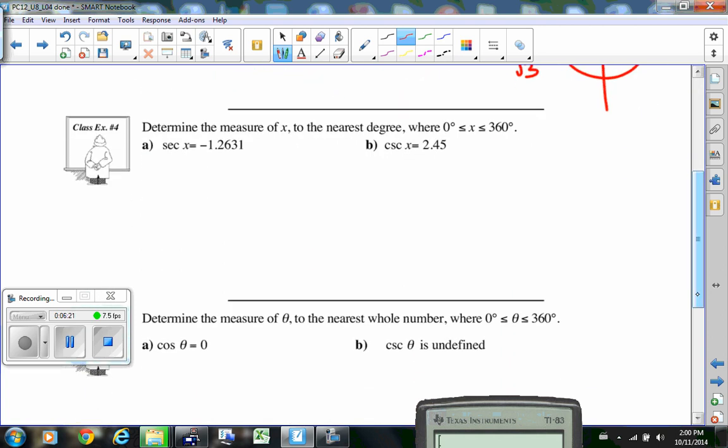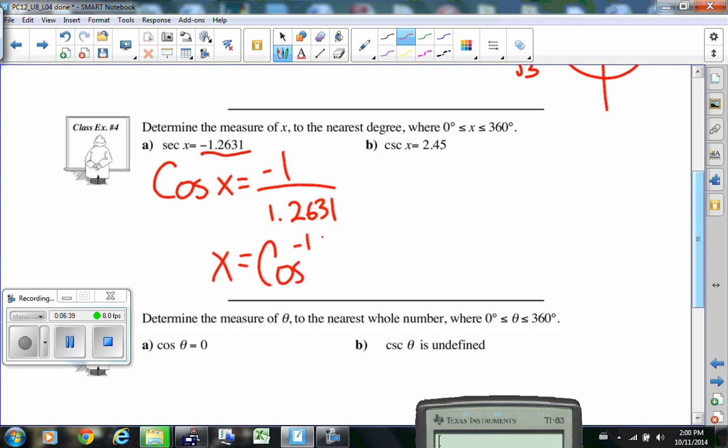Sometimes these will not be exact value numbers. This one here is not a nice value. So all I'm going to have to do is go, secant matches with cosine. And so x equals cos inverse of 1 divided by 1.2631. I'm going to do the inverse because I want the original input back.